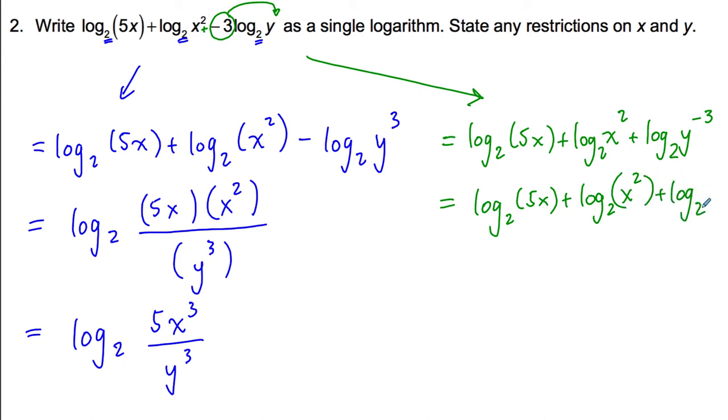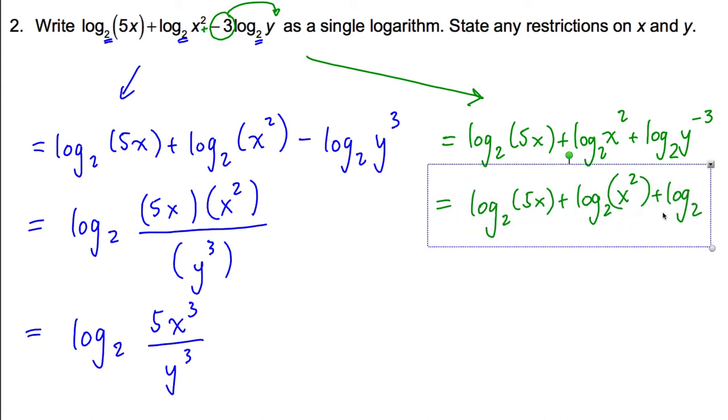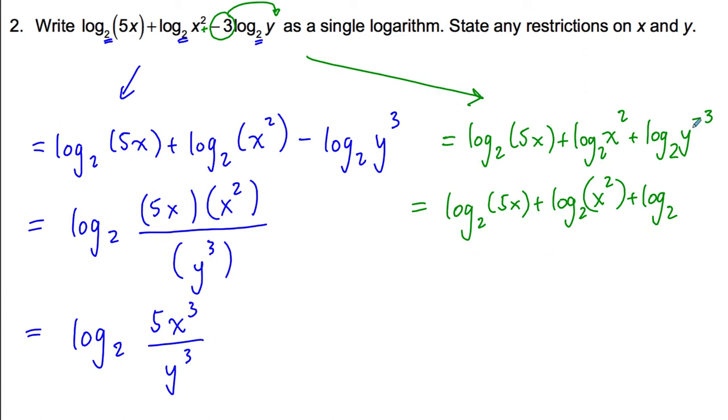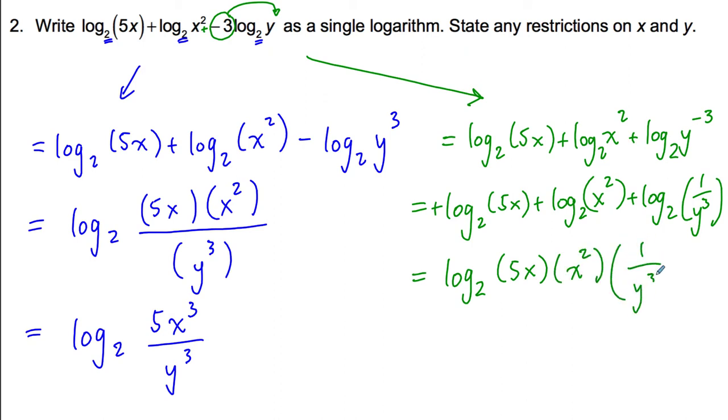I'm still running out of room. I'll write that a little bit over. And so instead of the negative in the exponent, I can make that 1 over y cubed. Now each of these logarithms has a positive coefficient, so I'm actually going to multiply all of these powers together. So when I do that, I'm going to get 5x in the power multiplied by x squared in the power multiplied by 1 over y cubed in the power.